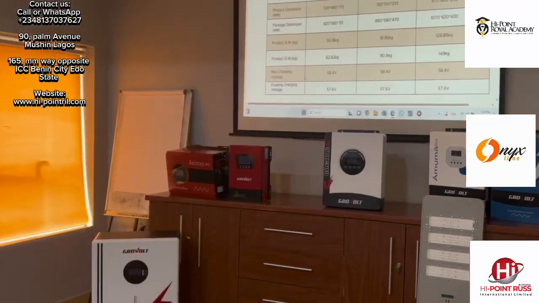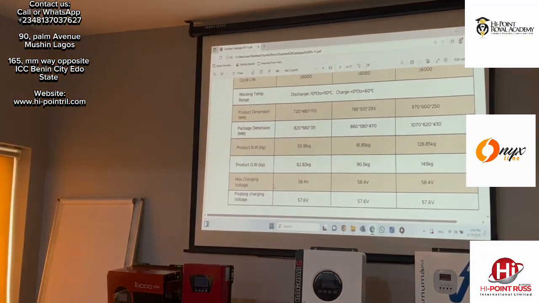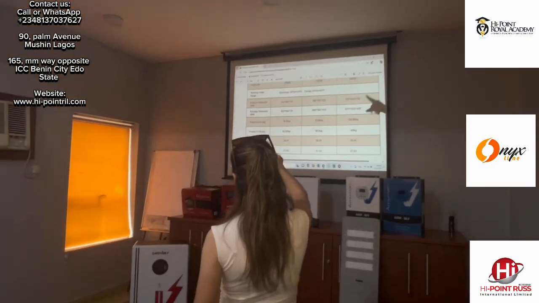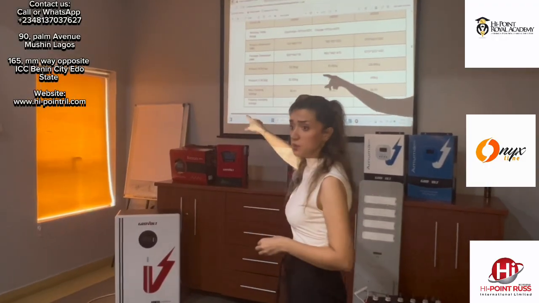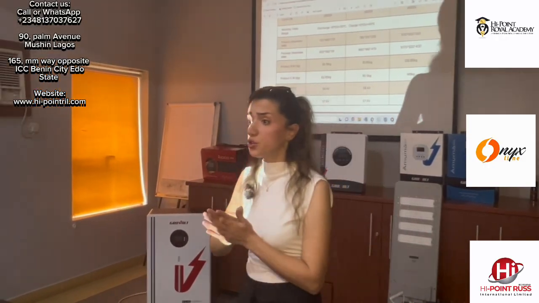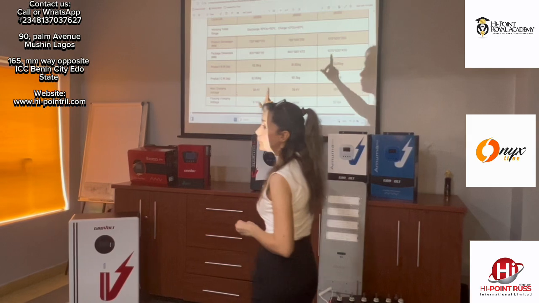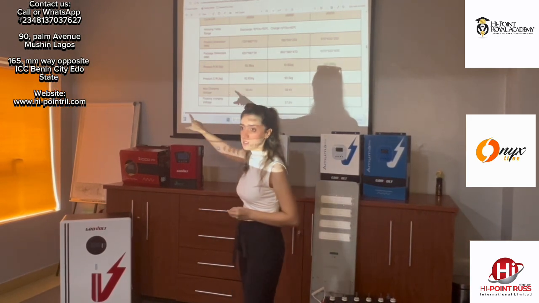In most inverters, the floating voltage comes at 56 volt, right? If you connect your lithium battery to this inverter without adjusting this, the battery will not reach full charge at all. So you have to adjust this value if you don't connect the BMS.